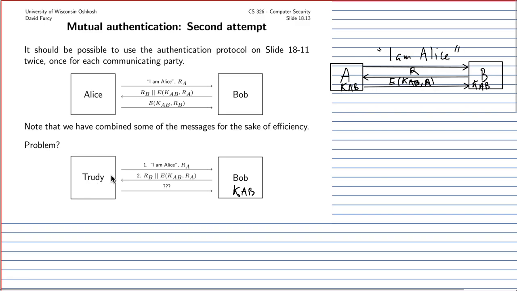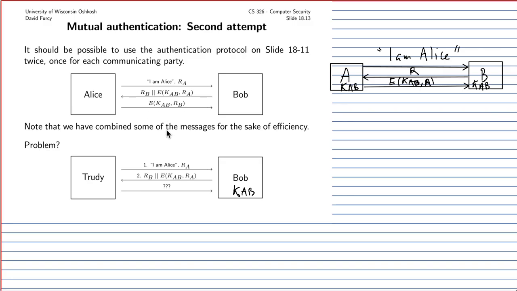And so for Trudy to authenticate herself to Bob, she'll have to send the encrypted version of the challenge R sub B using the key that only Alice and Bob know. The design of the protocol was such that it was believed that Trudy would not be able to do so because she does not know the key. And it turns out, even though she doesn't know the key, she can actually get this message somehow.